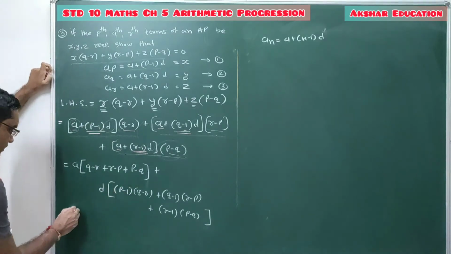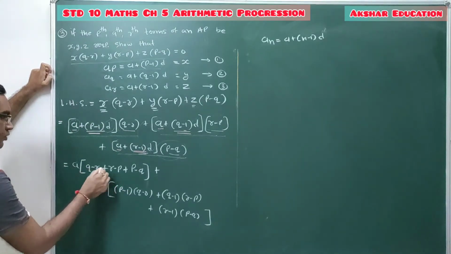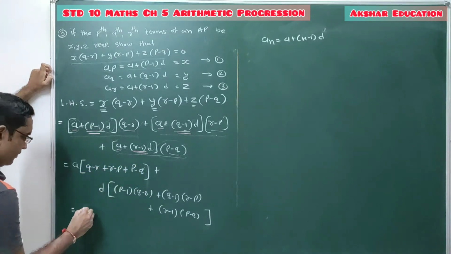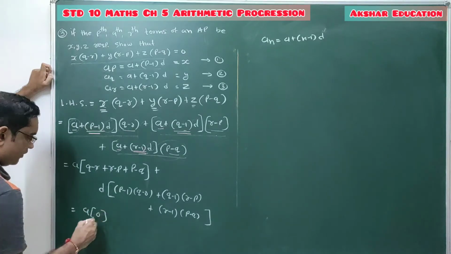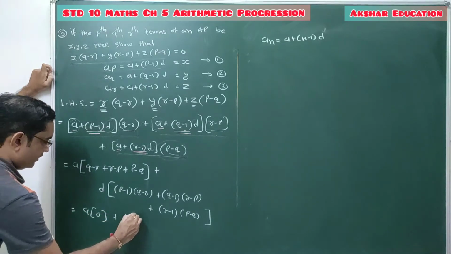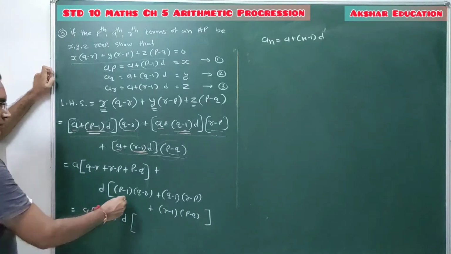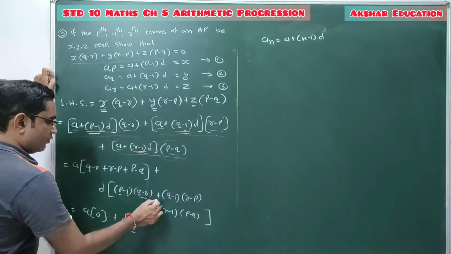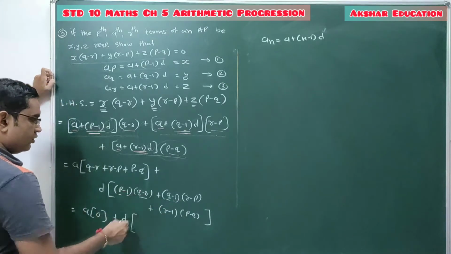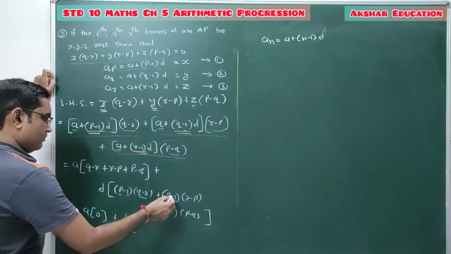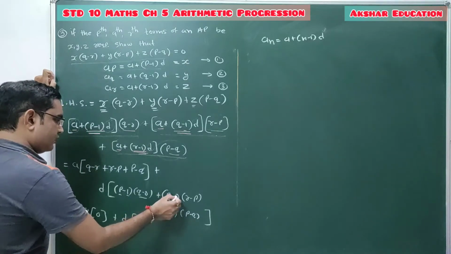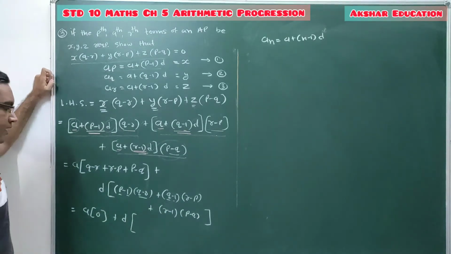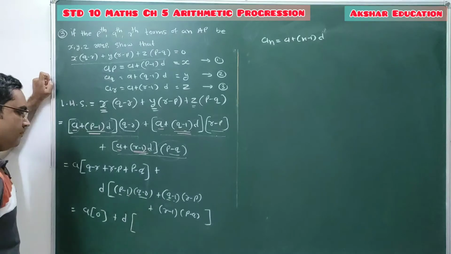Now simplify this one. So here it's a into (q minus q, r plus p minus p cut). So it's a into 0, plus d into, now consider multiplication of this entire bracket. Here again multiplication of binomial with binomial is there. So multiply this p with (q minus r), multiply this q with (r minus p), and multiply this r with (p minus q), and again multiply this minus 1 with this entire bracket.